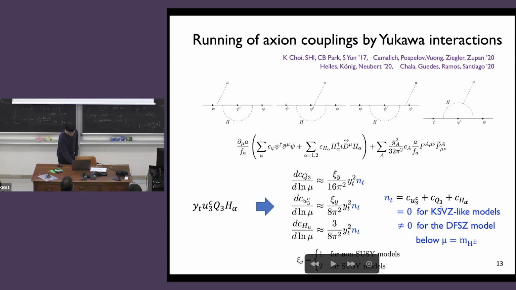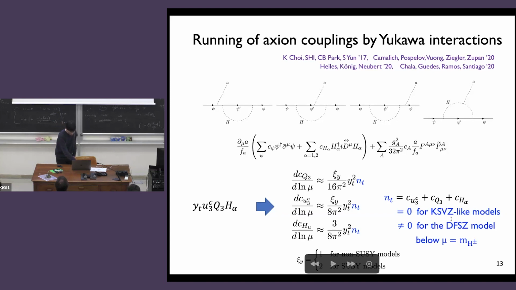So for KSVZ-like models, by definition, this is 0, because none of these fields is charged under the linearly realized Peccei-Quinn symmetry. So this is identified as the sum of the Peccei-Quinn charges of the involved fields in the basis where Peccei-Quinn symmetry is linearly realized.